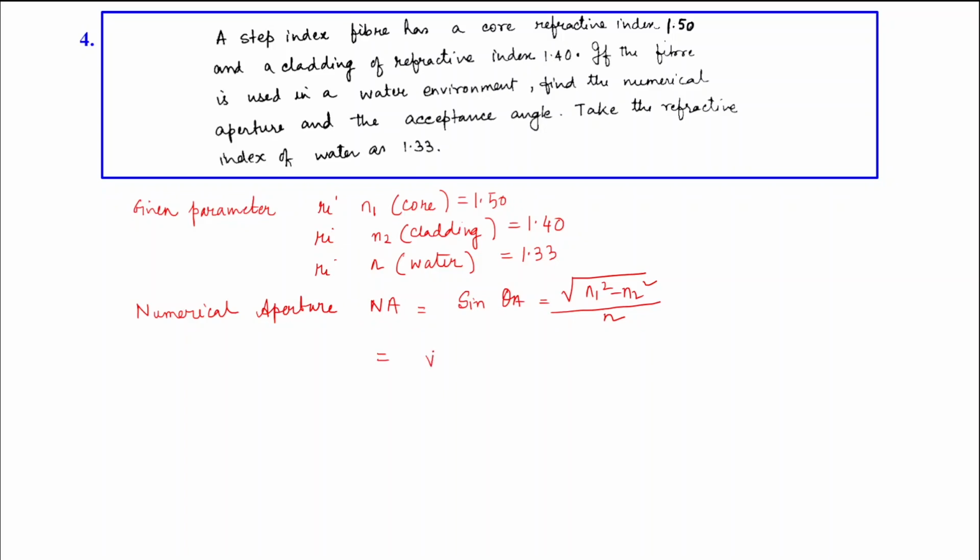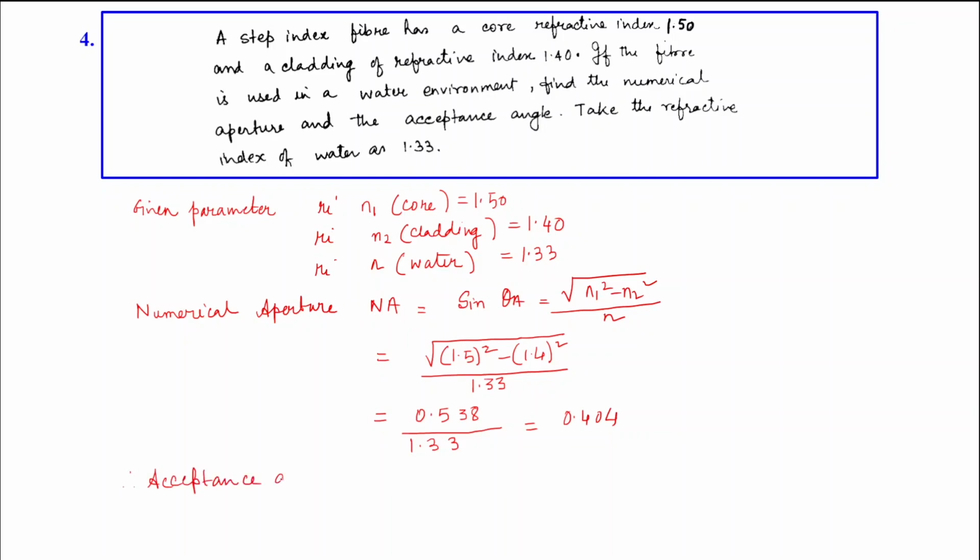Let us put the values of n1, n2 and n: root over 1.5 square minus 1.4 square, divided by 1.33, which is equal to 0.538 divided by 1.33. So sin theta A is coming as 0.404.